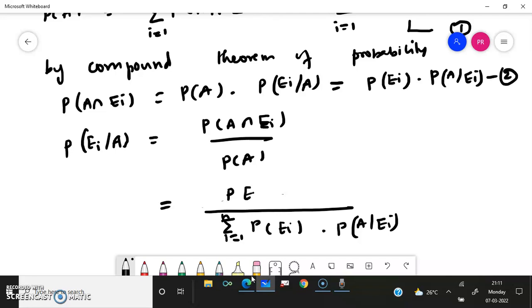So P of Ei into P of A given Ei. That's it. So we have proved the Bayes theorem, right? This is what we started with, and we proved the Bayes theorem.